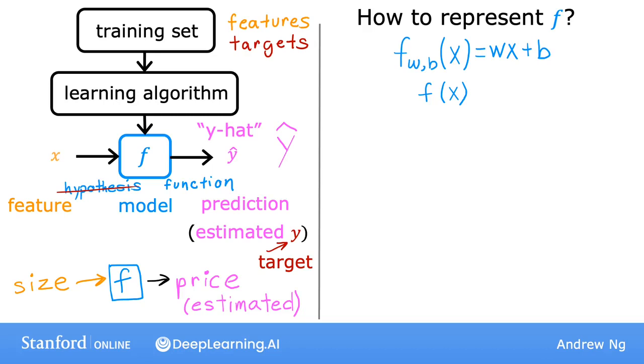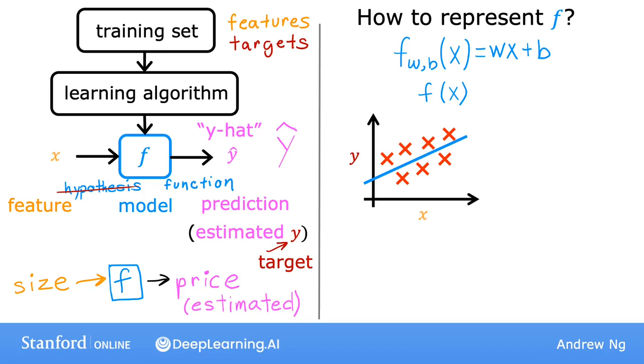Let's plot the training set on the graph where the input feature x is on the horizontal axis and the output target y is on the vertical axis. Remember, the algorithm learns from this data and generates a best fit line, like maybe this one here.